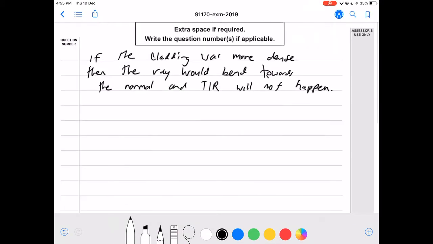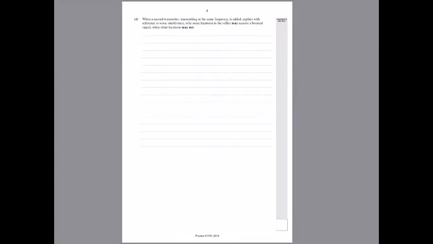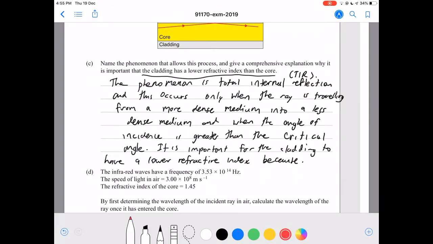Right, so that should be all you have to say for this question. Not sure, I think this should be an excellence level question. In terms of getting a merit, I think a merit can be up to here.